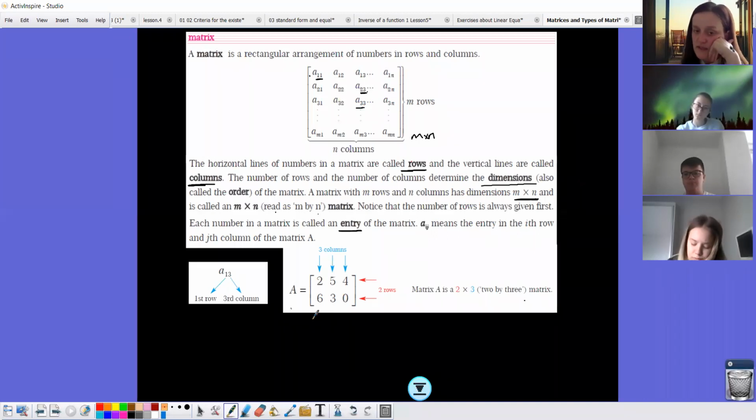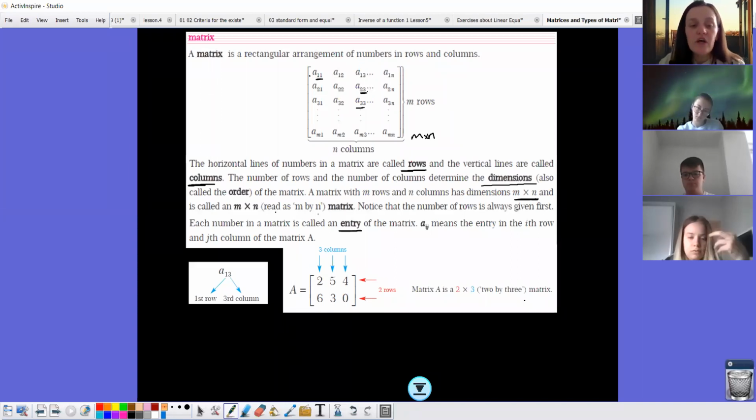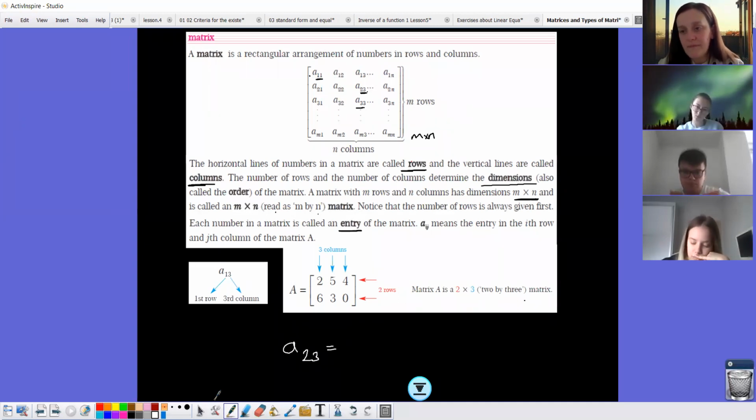Here we have a matrix with numbers. If I ask you, which number is A23? It will be second row, third column. Which number is it? 0. So A23 will be 0 in this matrix.